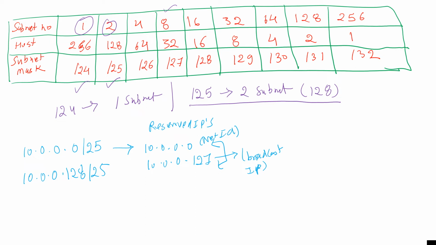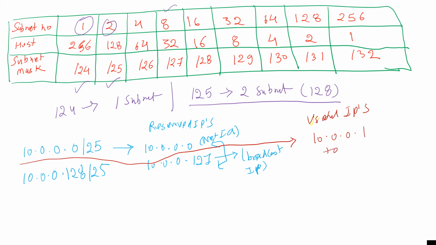In this first case, what are the useful IPs? If I just talk about this subnet, the useful IPs will be in the range from 10.0.0.1 to 10.0.0.126.